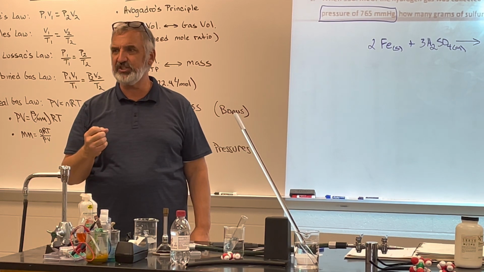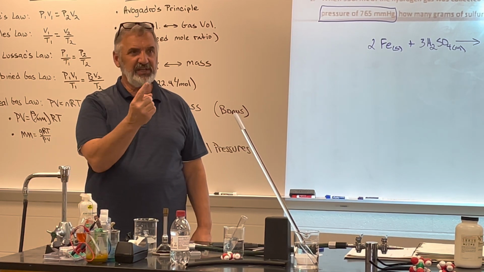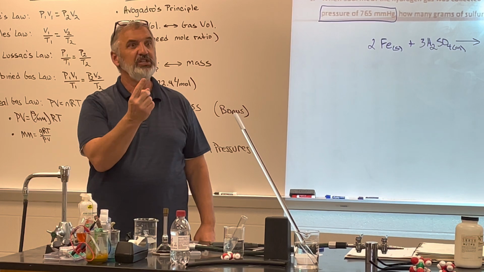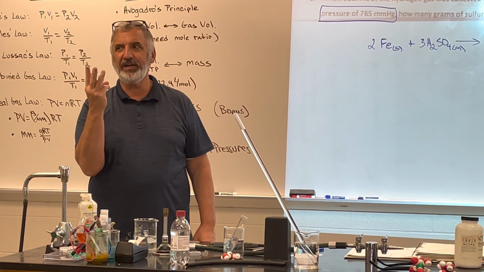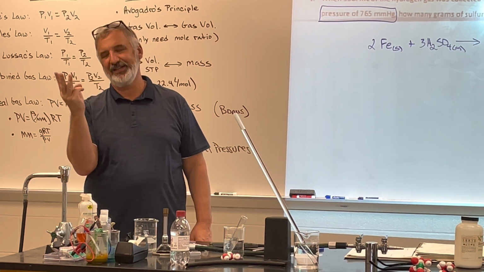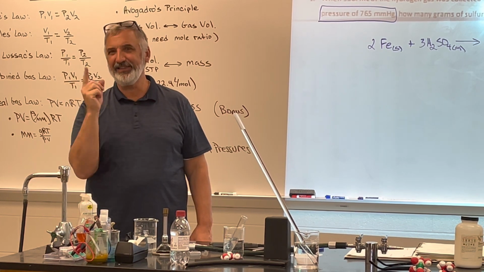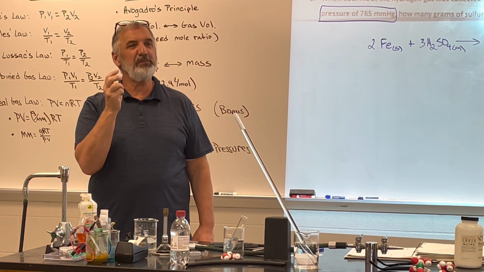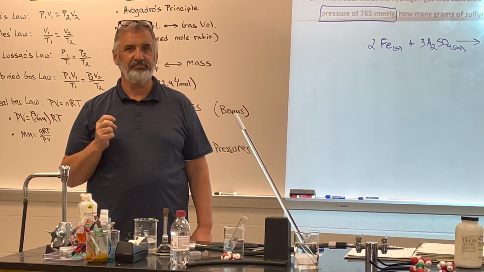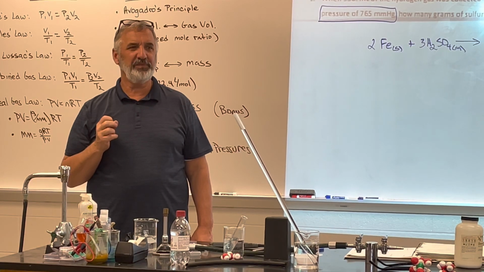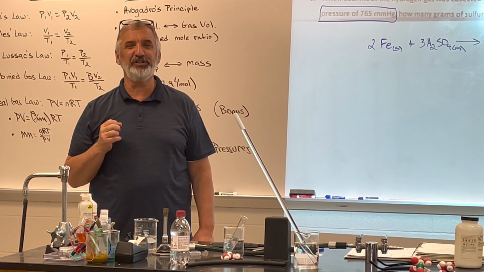Anybody remember the percentages? 78% nitrogen, 21% oxygen. What's number 3? 1%. Yeah, okay, it is 1%, good math. But what makes up most of that 1%? Carbon. Nope, it's a gas. I'll give you a hint, it's a noble gas.